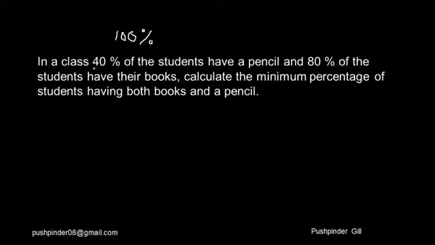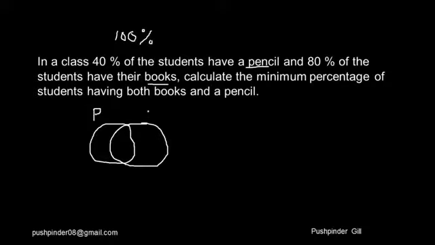So if you're seeing here that some of the students have pencils and some have their books, there is a possibility that students having books will have pencils as well, and students having pencils will have books as well. If I draw it in a graphical manner, this is what I'll be getting. Let's suppose this circle denotes people having pencils, and this circle denotes the students having books.